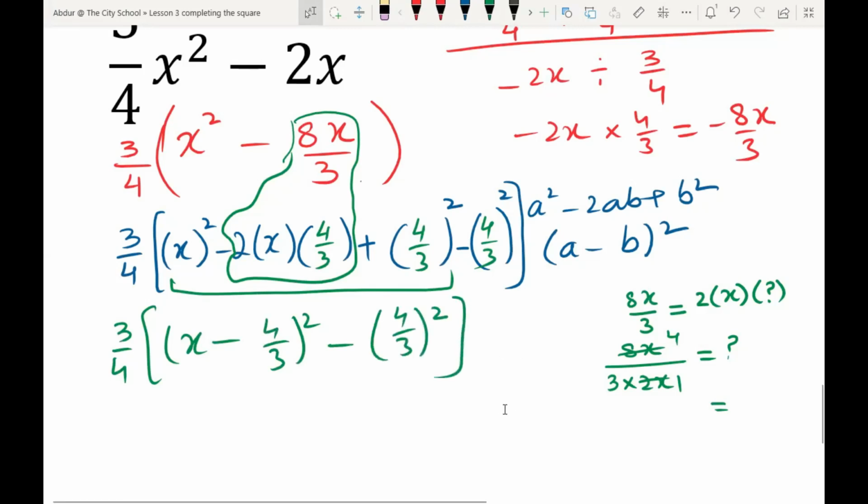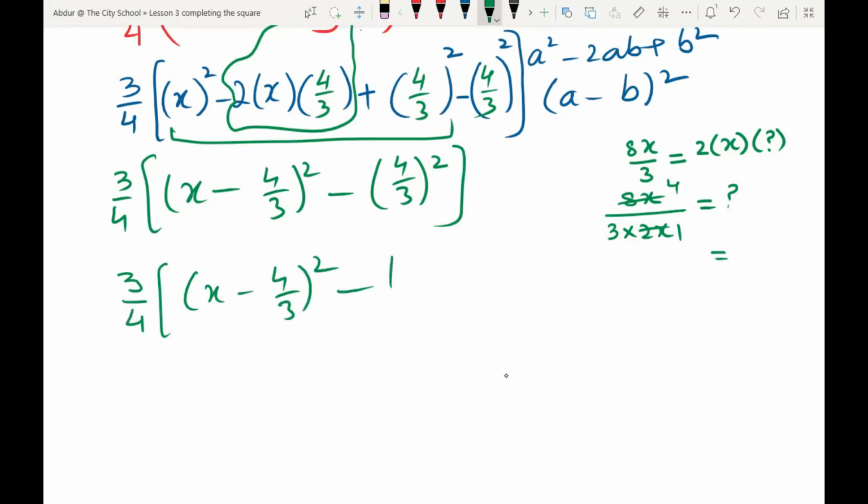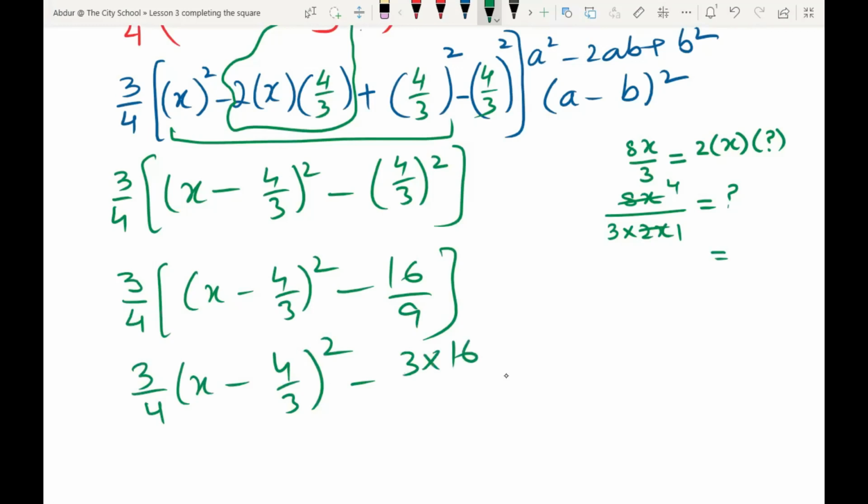By expanding brackets, 3 over 4 times x minus 4 over 3 whole square minus 3 times of 16 over 4 times of 9. 3 ones are 3, 3 threes are 9, 4 ones are 4, 4 fours are 16.